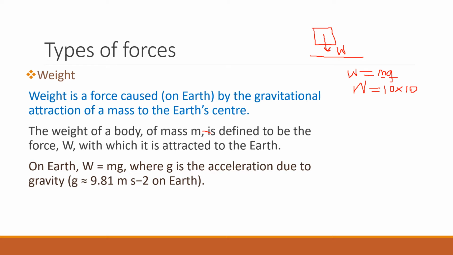G is 9.81, but when rounded off it is 10, and that will get that the weight of the substance is 100 Newton. Remember we said that the SI unit of force is Newton.